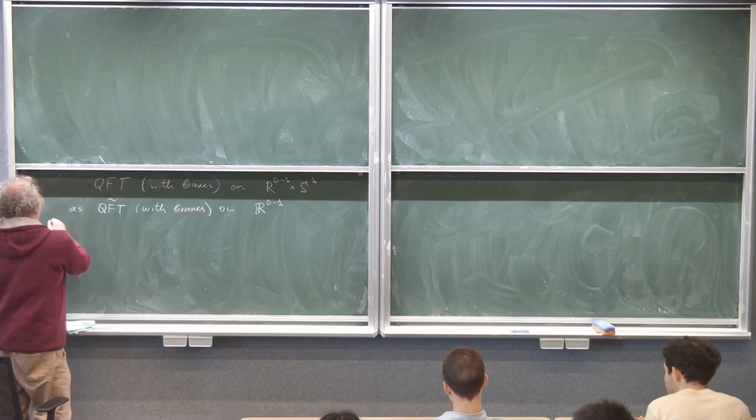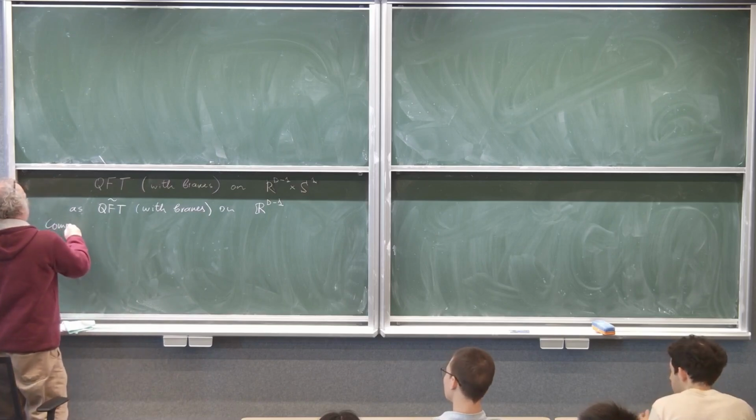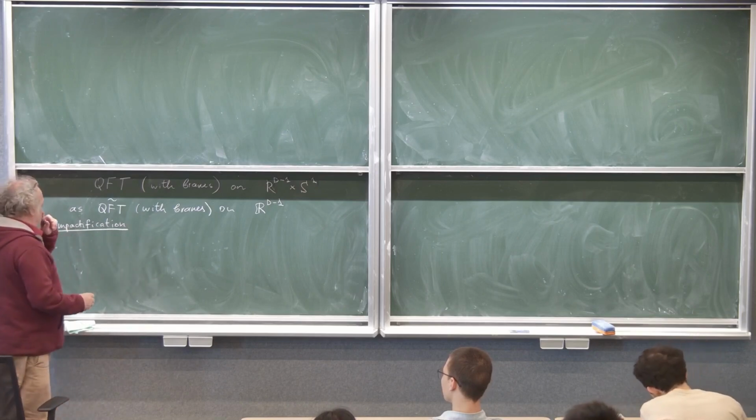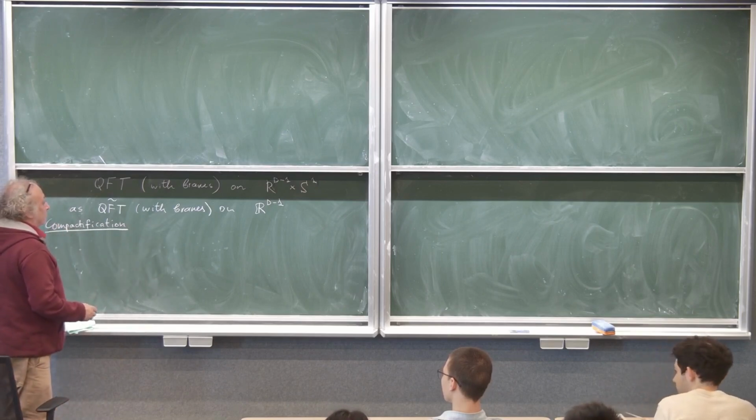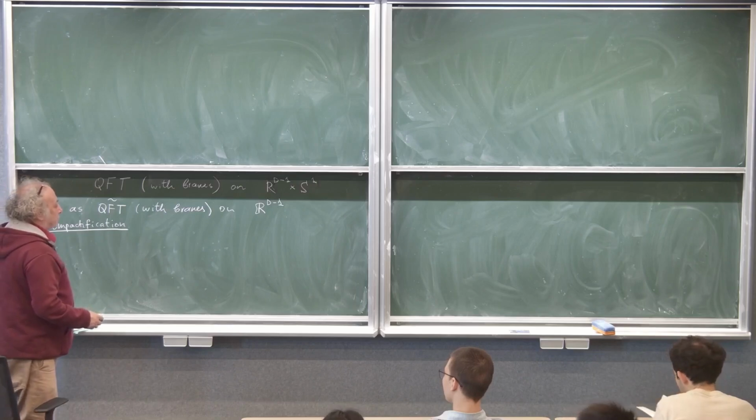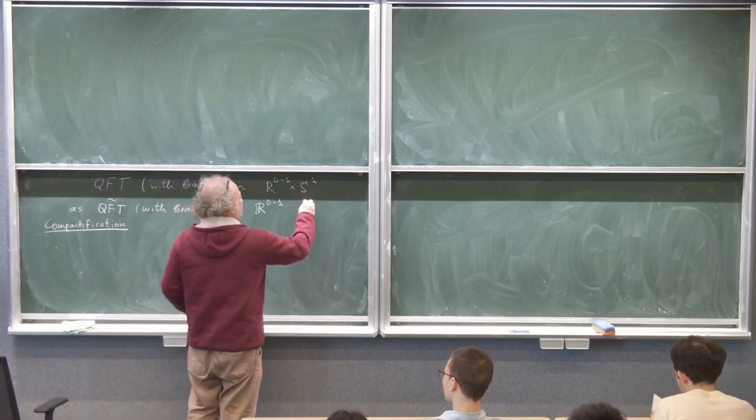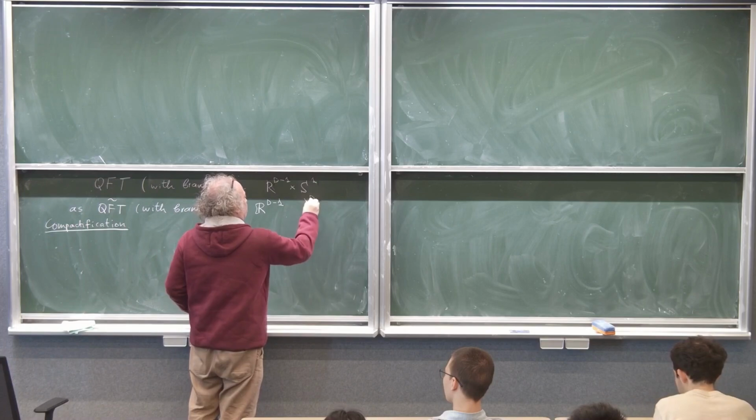It's called compactification. The coordinate here would be called x_d.